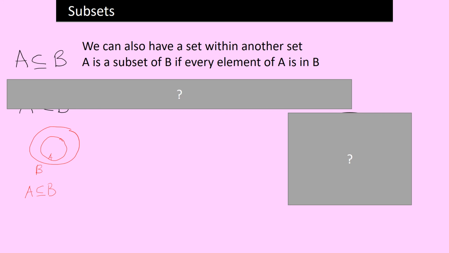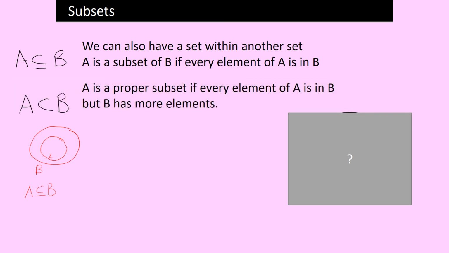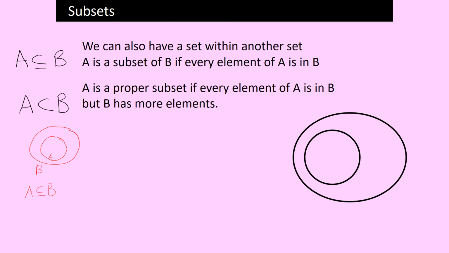Okay, then there's a second type of subset. A proper subset is when every element of A is in B, but B has more elements. So in this case, you've got B and you've got A, but B also has Y, X, and Z, and so it has at least one element that's not contained within A. So then we can use this notation, A subset B, and it's a proper subset.